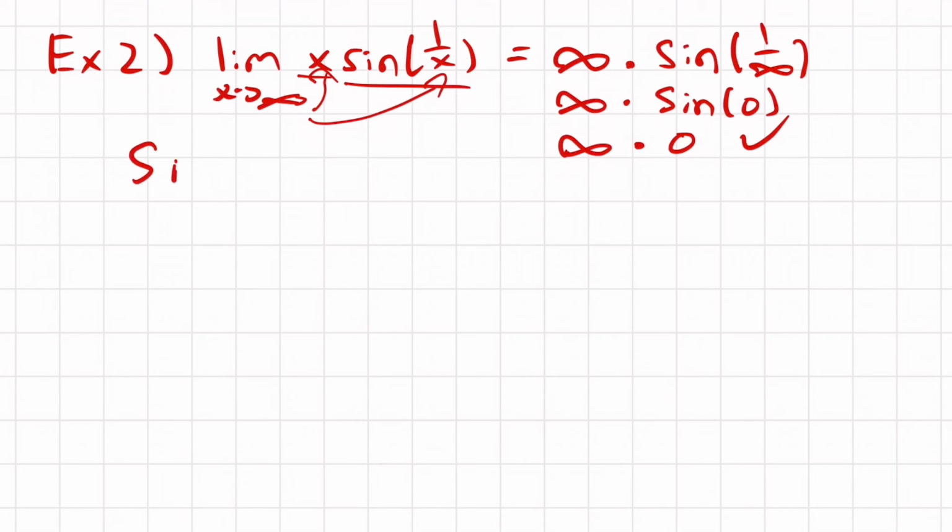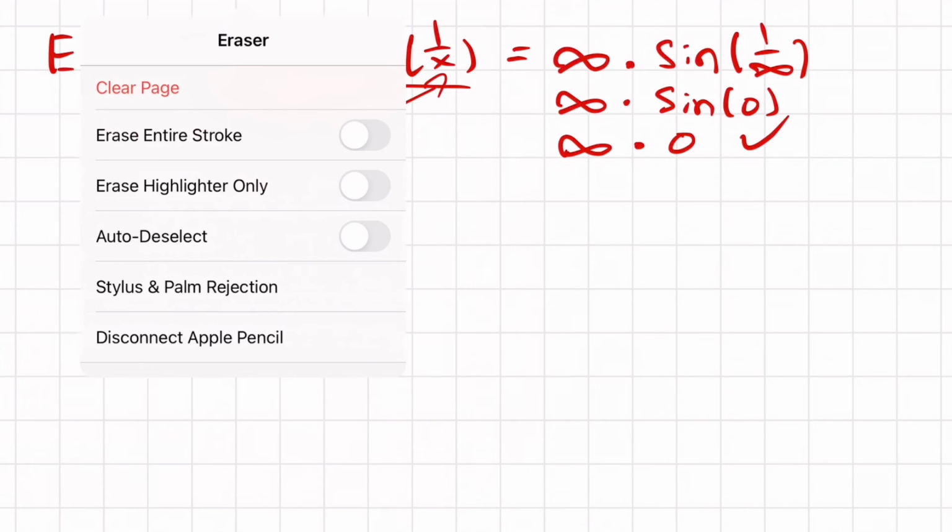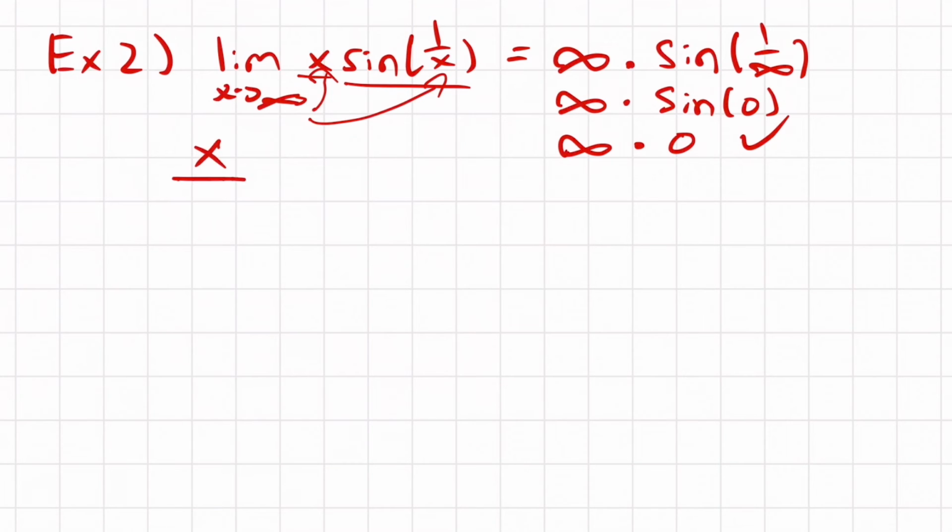So for example, we would have sine of 1 over x divided by just 1 over x. Or you could do the opposite and keep x stationary and divide that by 1 over sine of 1 over x. The general rule for this is that we want to have the simpler function be the denominator and the complicated function be the numerator.